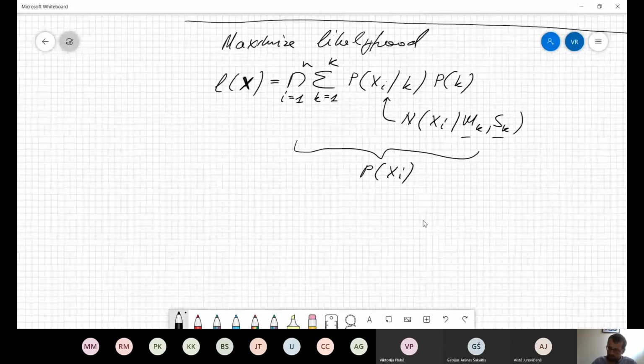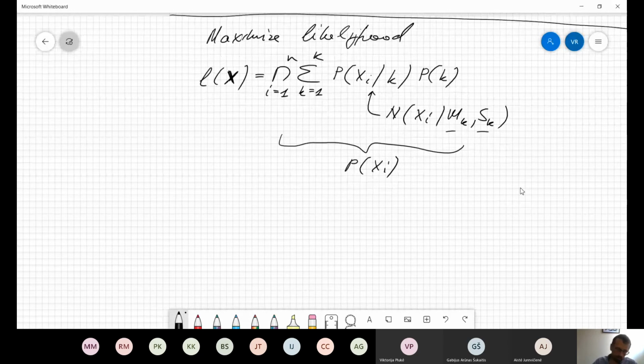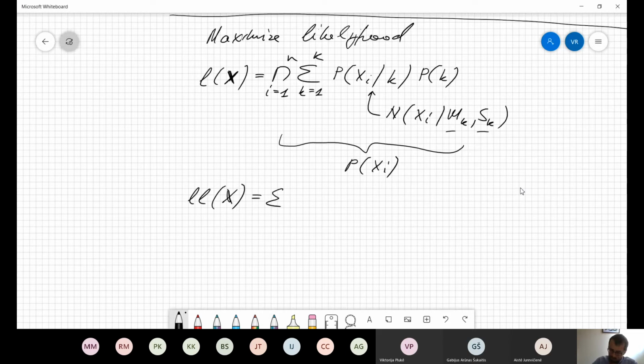Since we have a product and it is not easy to calculate, usually it is put into logs. So the log likelihood for your data set can be recalculated, and from the product we move into a sum. It is much easier to work with and much easier to calculate derivatives.